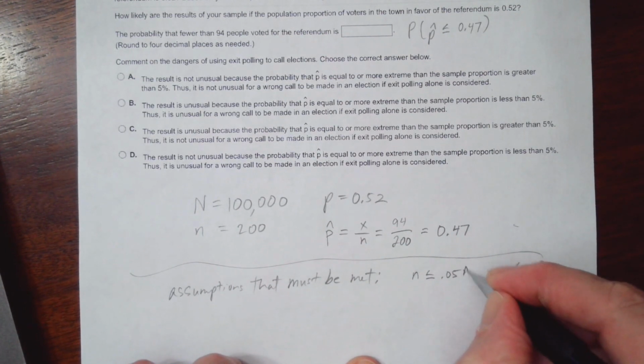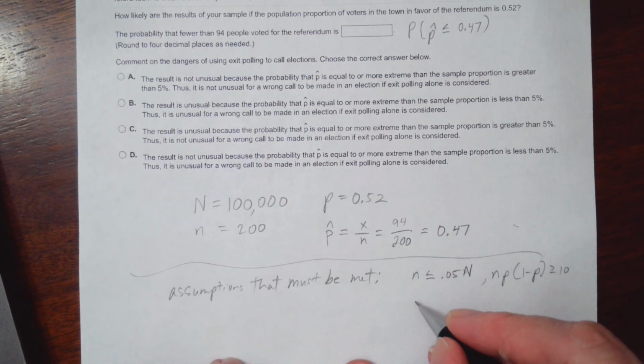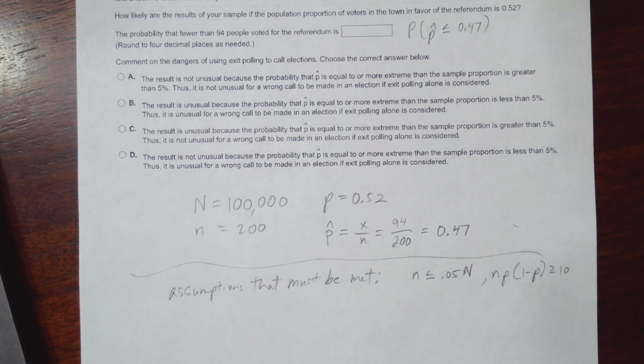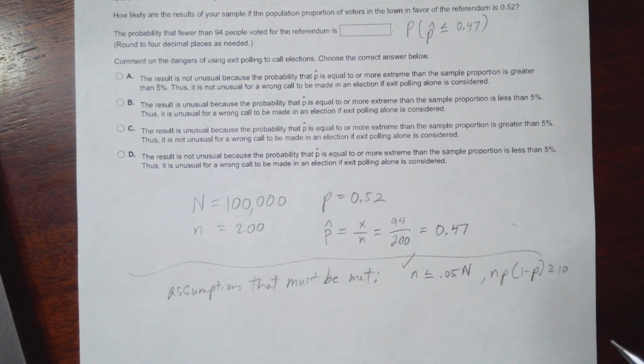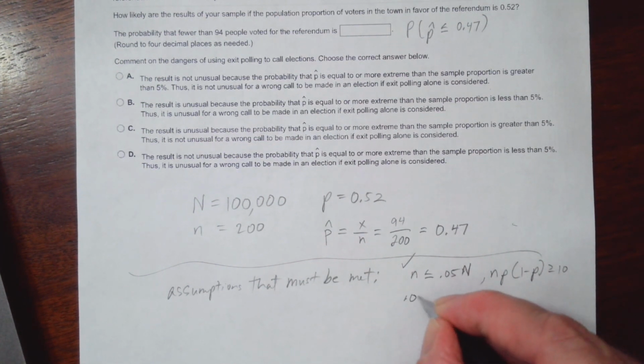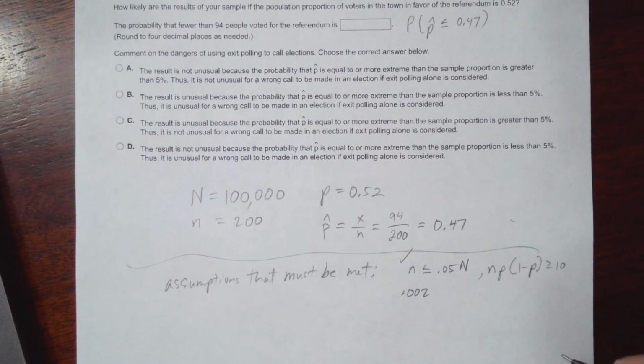That would be large N. In this case, if you divide 200 by 100,000, and it's actually a bigger number than that, we get 0.002, which is certainly less than 5%. So that one is met. Again, I got 0.002, which is definitely less than 5%, which would be 0.05.